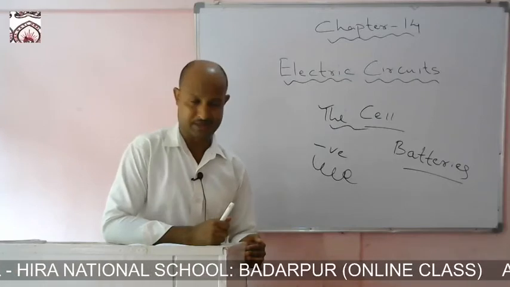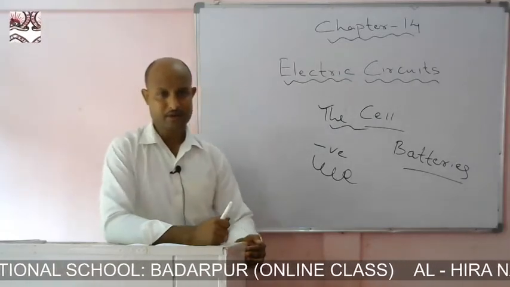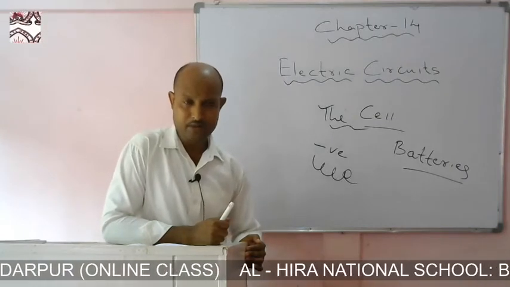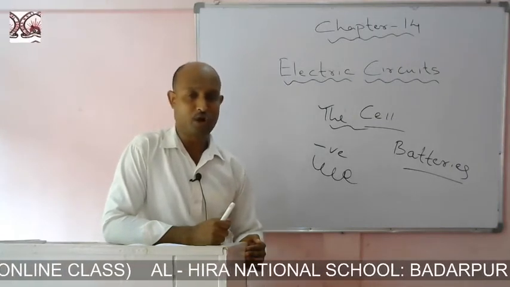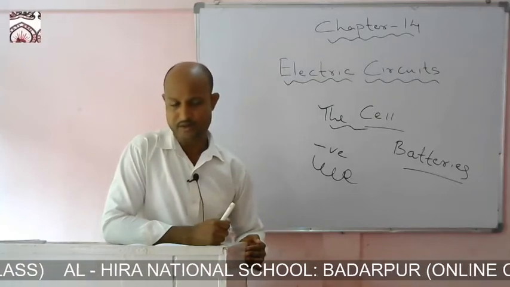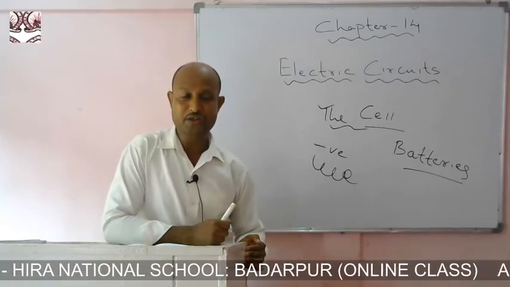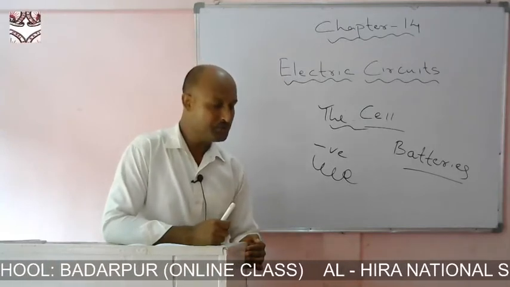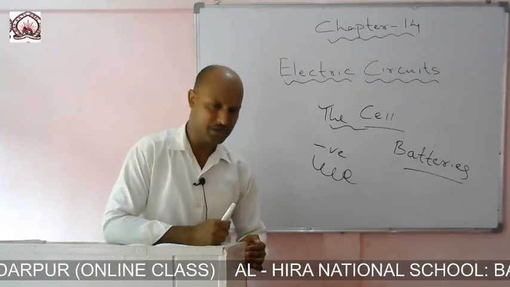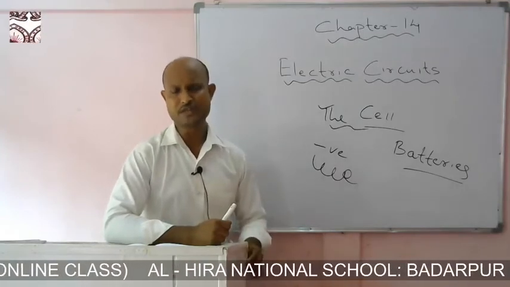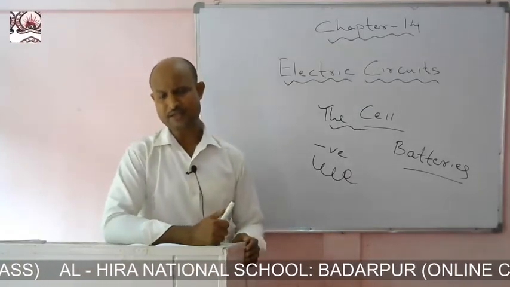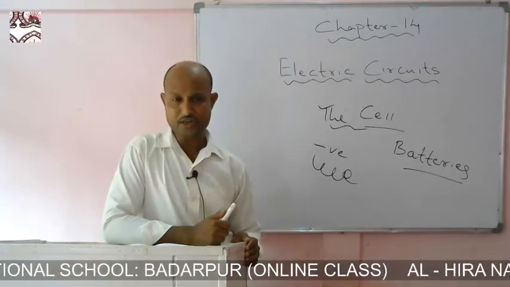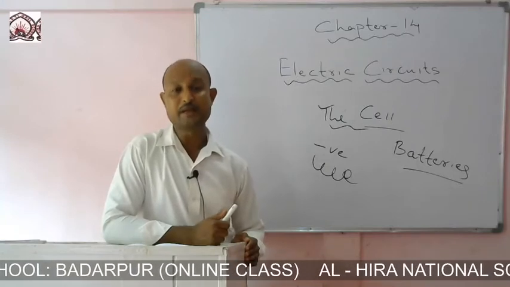But in some parts of the world, people use silver for the conduction of electrical energy, converted into silver wires. Why? Because silver is considered the best conductor of electrical energy. It can conduct electricity better than any other metal.